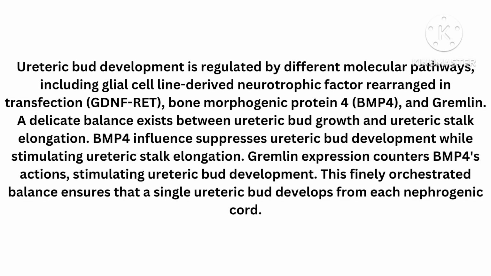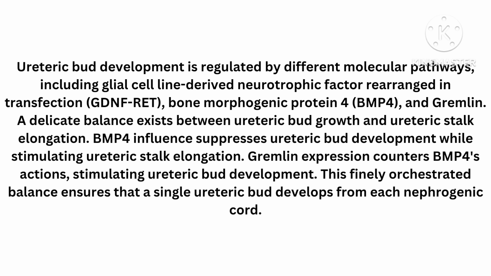Ureteric bud development is regulated by different molecular pathways, including glial cell line-derived neurotrophic factor rearranged in transfection, GDNF-RET, bone morphogenic protein 4, BMP4, and gremlin. A delicate balance exists between ureteric bud growth and ureteric stalk elongation.